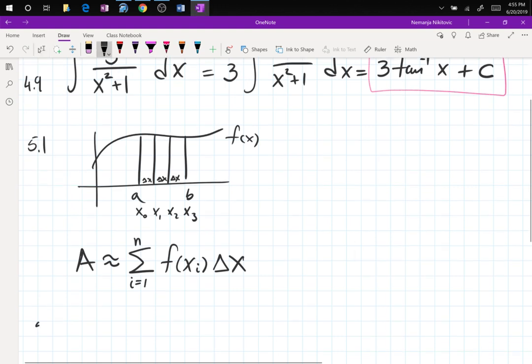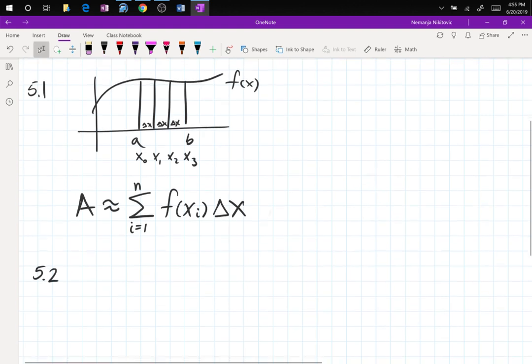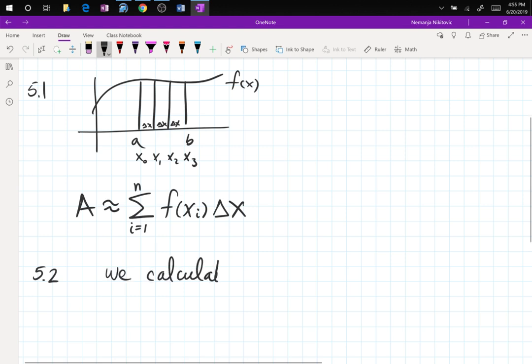And now we are moving to 5.2. And in 5.2, we calculate exact area.